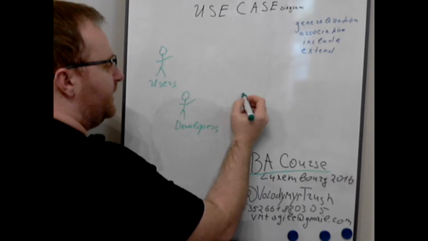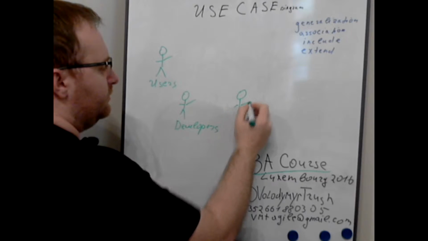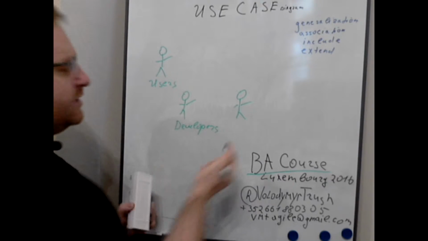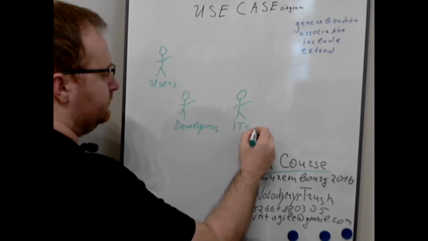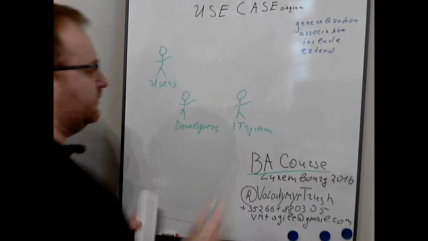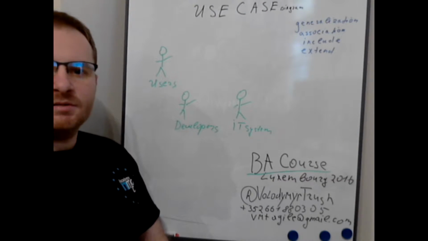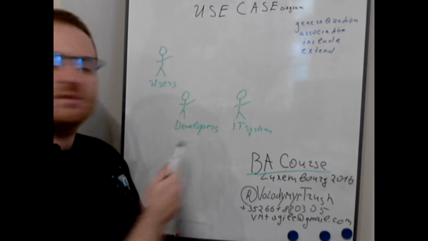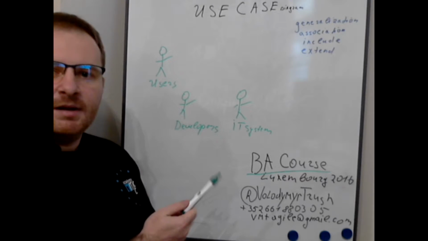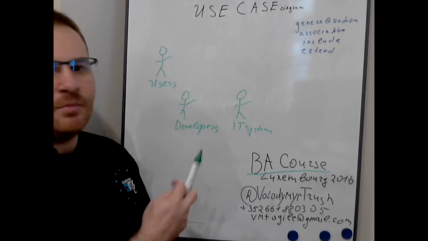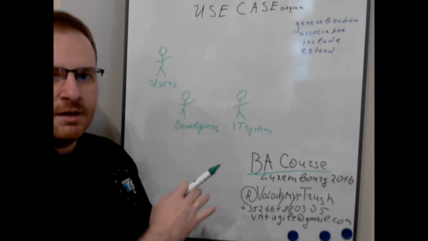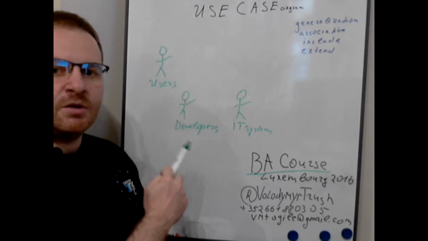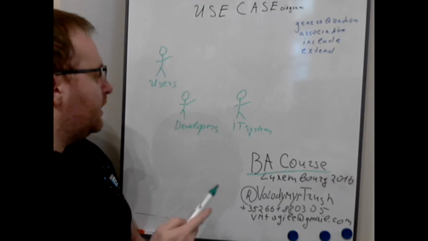Usually actors can be a separate role, a physical person, or an IT system. All right guys, the main goal here is to show you that actors are not only people, they can also be systems or parts of systems. Don't be confused here, this is normal. And this is a common mistake, by the way, so please pay attention to this.